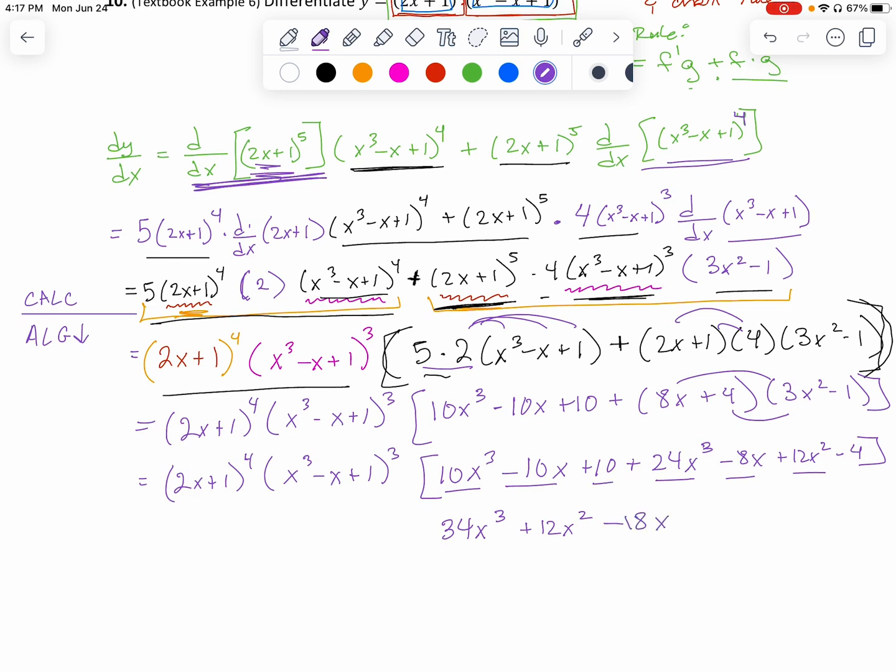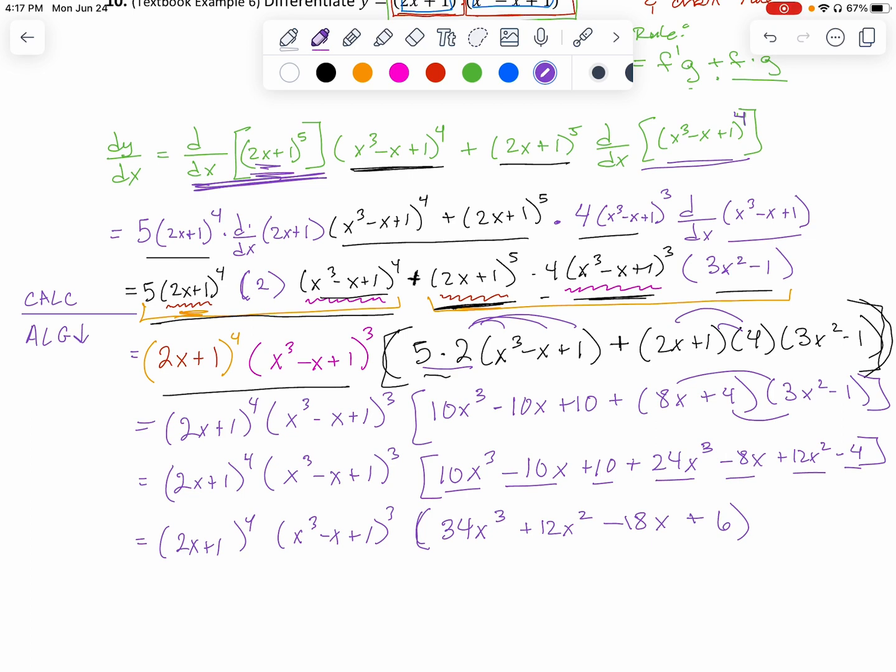And then my constants, 10 and negative 4, so that's 6. So that looks much better with just 3 factors.